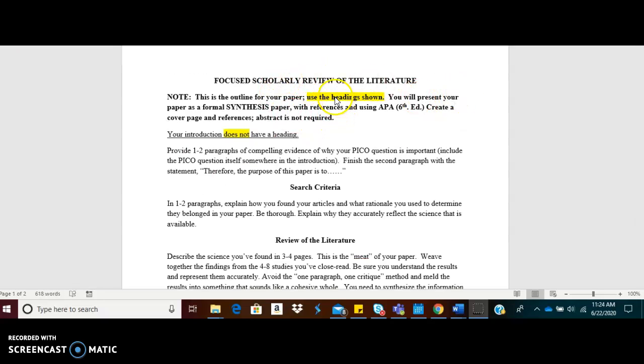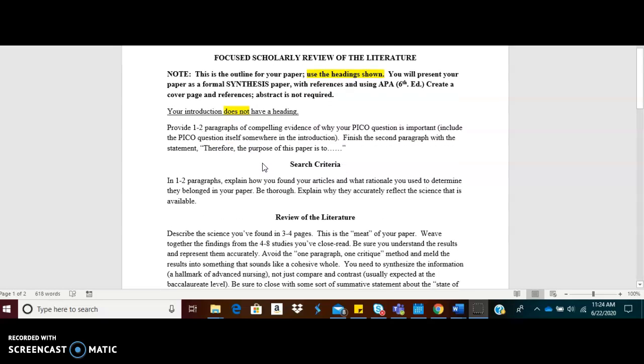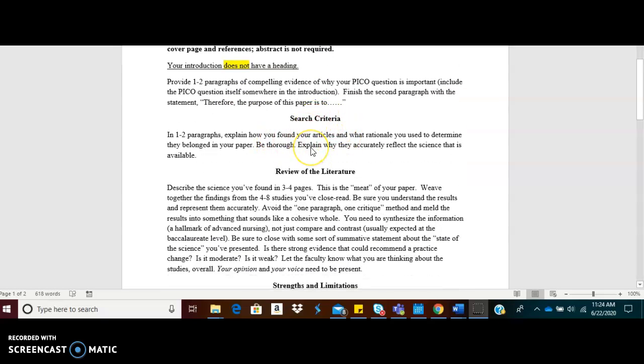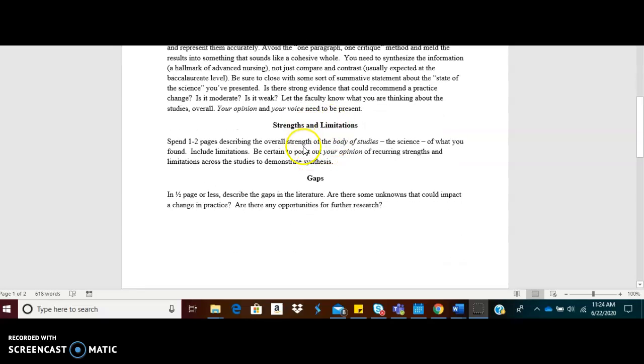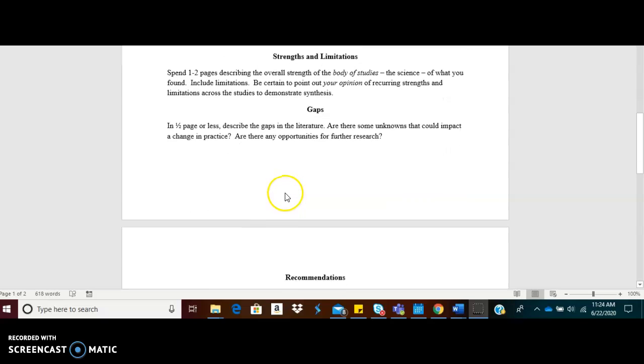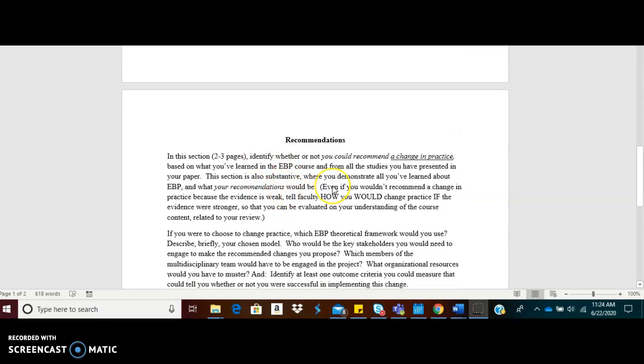So here's that outline that we've provided to help you. You'll see that you've got your introduction. It talks to you about how it should be written, the search criteria and how it should be written, the review of the literature. Notice that it's going to be about 3 to 4 pages long. Strength and limitations, gaps, and then recommendations.